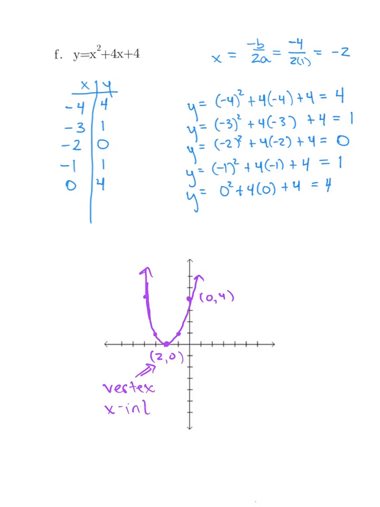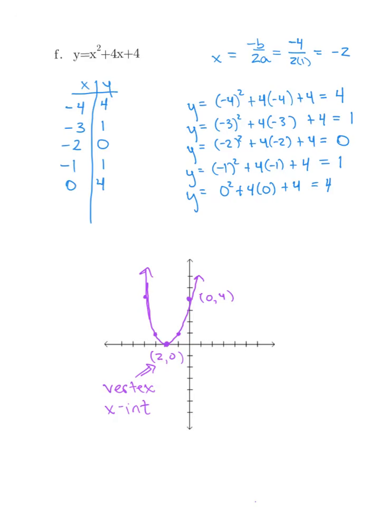Similarly, if you have only one x-intercept, it's because your vertex is on the x-axis. This is an example of an equation that has just one x-intercept. If you were to solve the equation by plugging in 0 for y, you would also have only one solution. You would have a repeated solution.